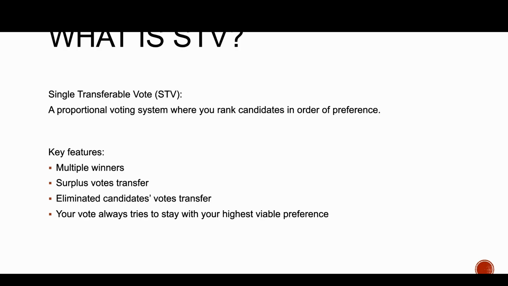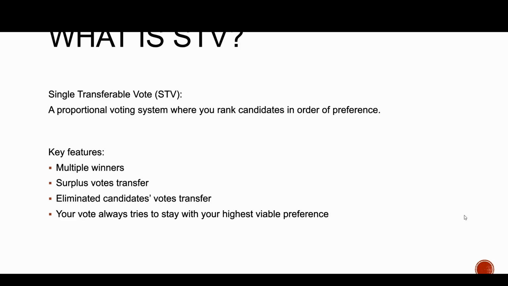So that is a proportional voting system where you can rank your candidates in order of preference. What you'll normally have in an STV election will be multiple winners. You'll have any surplus votes being transferred, and that might be because the first seat's been won already, and so additional votes get transferred, or it might be because the candidate that you are voting for or backing has actually been eliminated because they've been ranked lowest on the list.